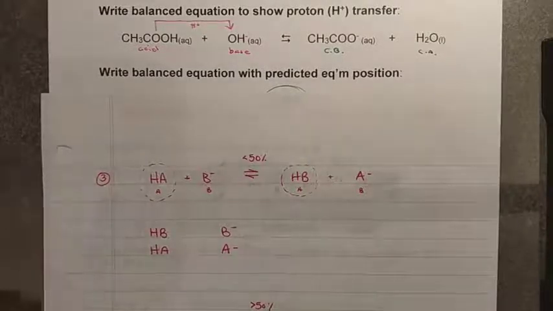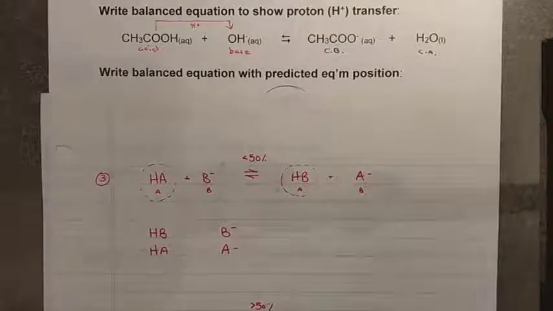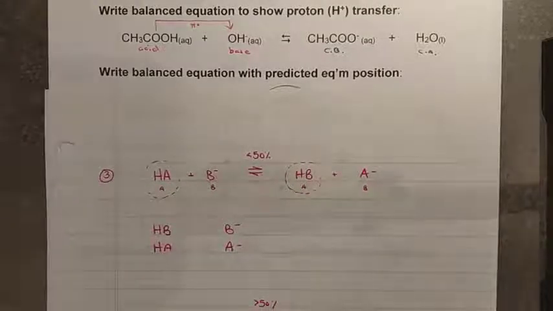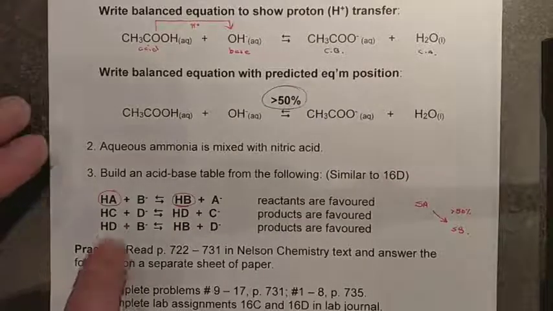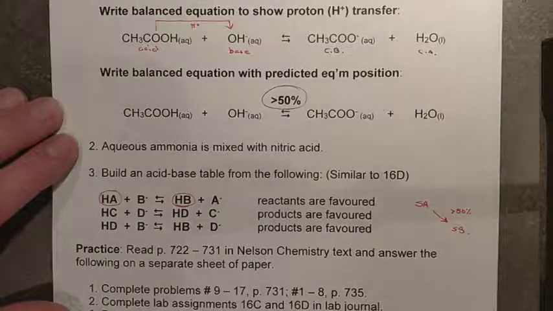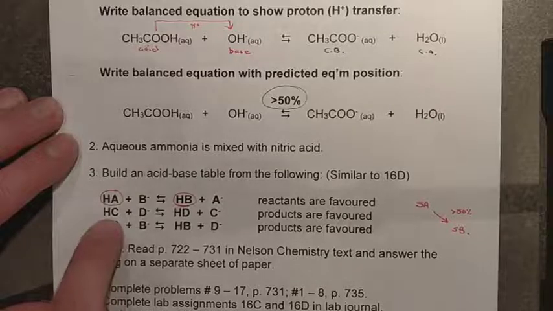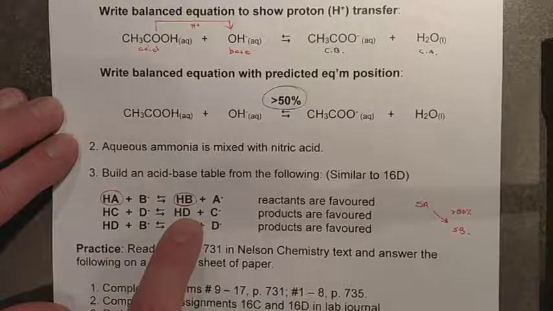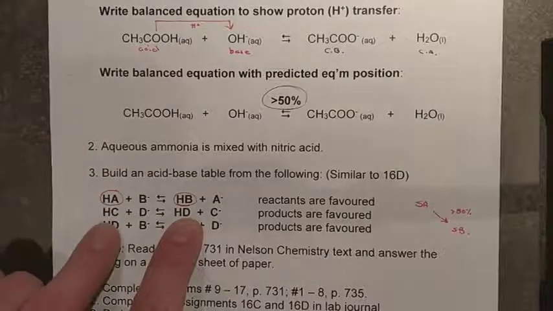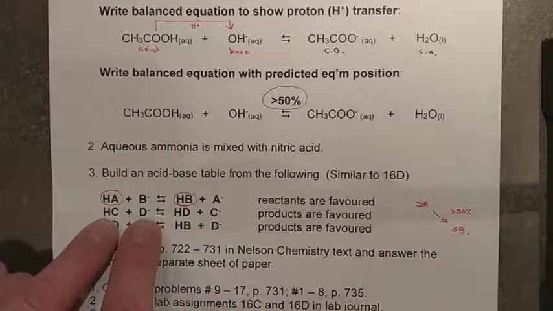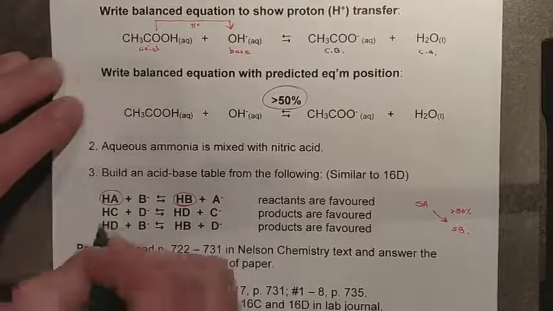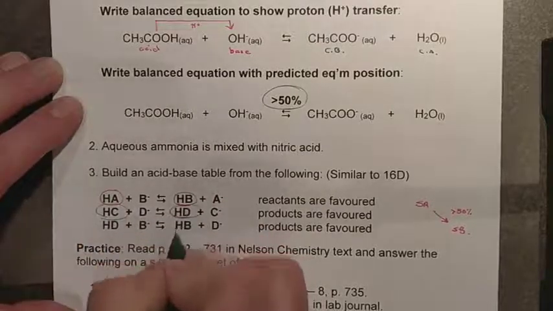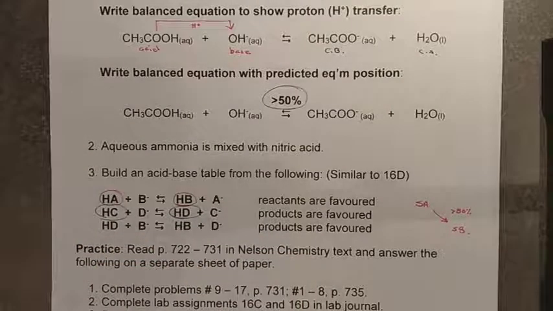In the next reaction, we should be able to compare to the table and see if it's going to be above or below our comparison. So we take a look at the next one here, and we have a reaction between acid C and acid D. We have acid C reacting with D minus, acid D reacting with C minus, so you can see our generic acids are HC and HD.